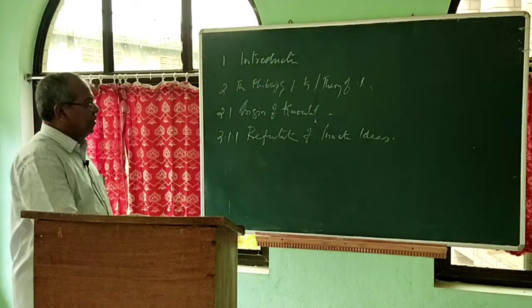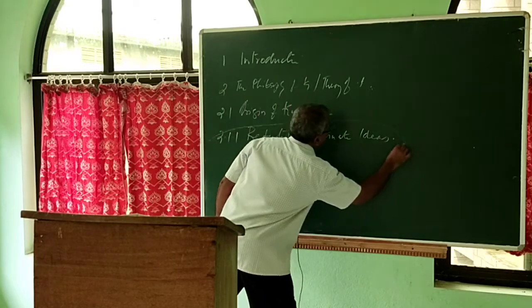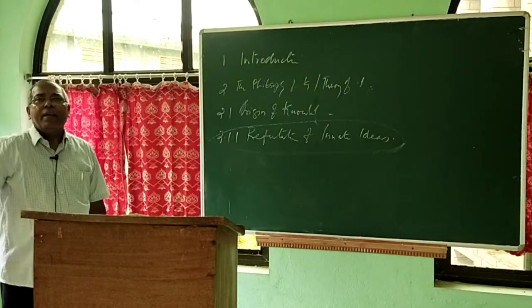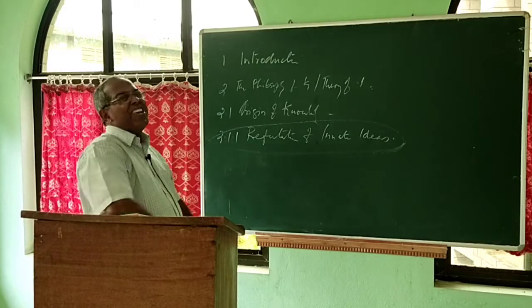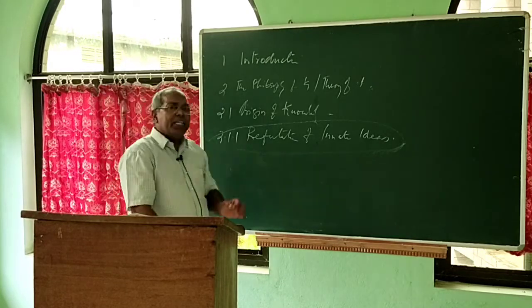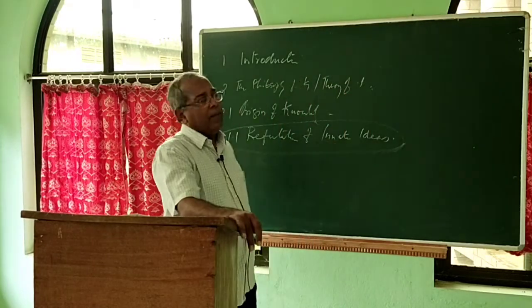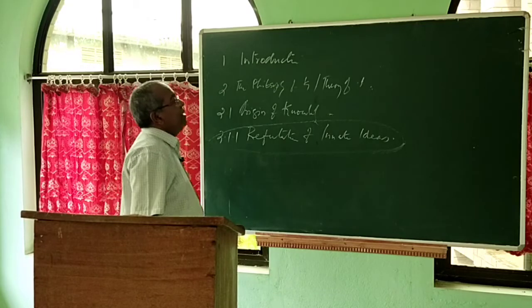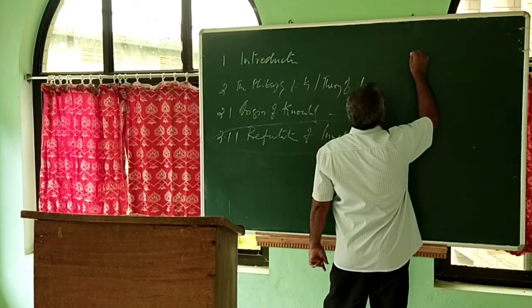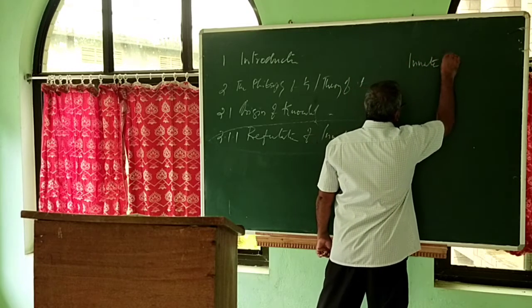The first thing that the empiricist philosophers would like to tell is that they no longer accept the basic presupposition with which the rationalist philosophers worked. What is that? They said man is endowed with innate ideas.